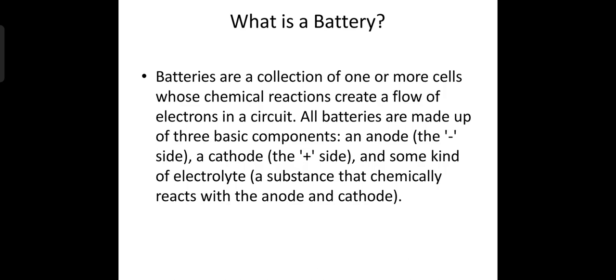All batteries are made up of three basic components: an anode, the negative side of the battery, and a cathode, the positive terminal of the battery, and some kind of electrolyte, that means a substance that chemically reacts with the anode and cathode. Basically, a battery is a group of cells that generate electric energy from their internal chemical reactions.